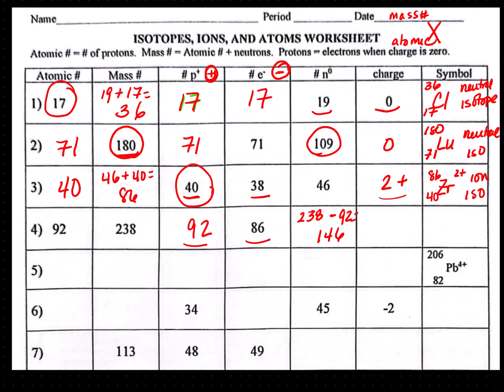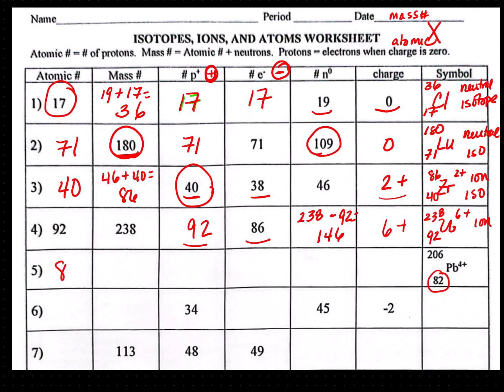Since I have more protons than electrons, this is a cation, a +6, 92 minus 86. If I look this up, this is uranium, 6+, mass number 238, atomic number 92. This is an ion because it's a charged atom.